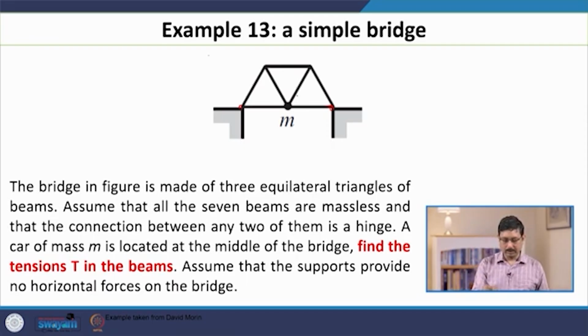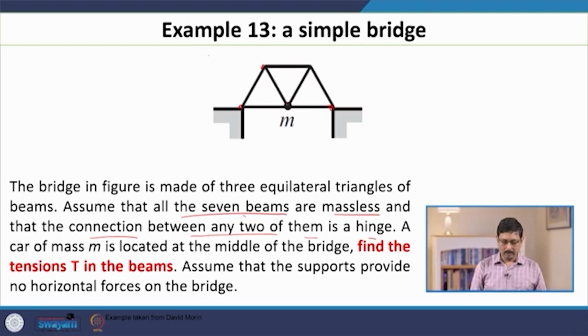This is supported by 3 equilateral triangles which are made up of 1, 2, 3, 4, 5, 6, 7 beams. So, assume that all 7 beams are massless and the connection between any two of them is a hinge. So, these are like pin joints. The supports are like pin joints.